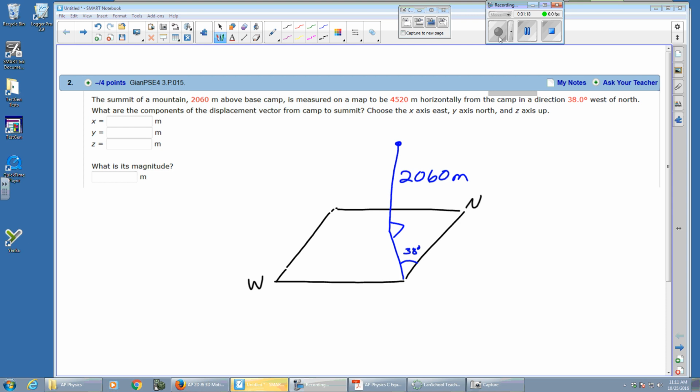The Z direction there being 2060, this being 4520 meters, and then the green line is our displacement, our three-dimensional vector.